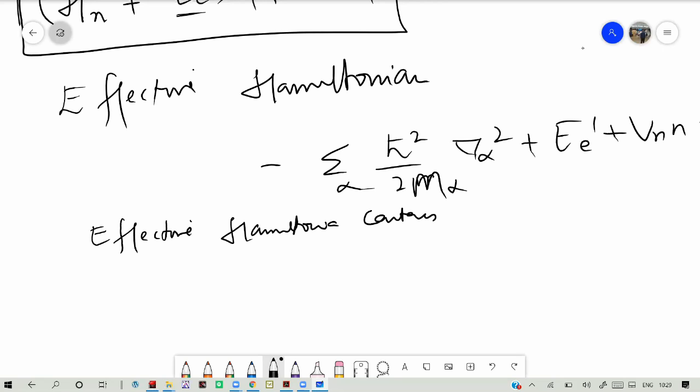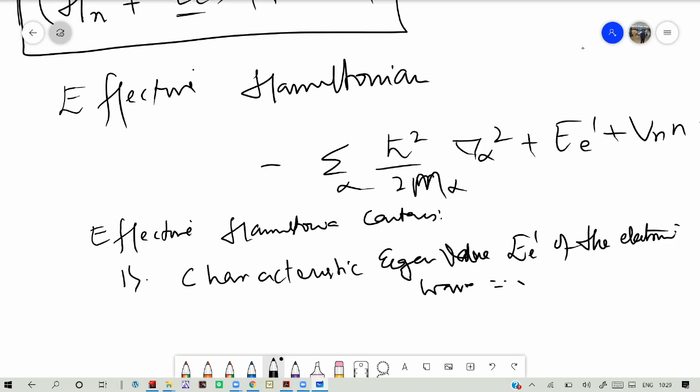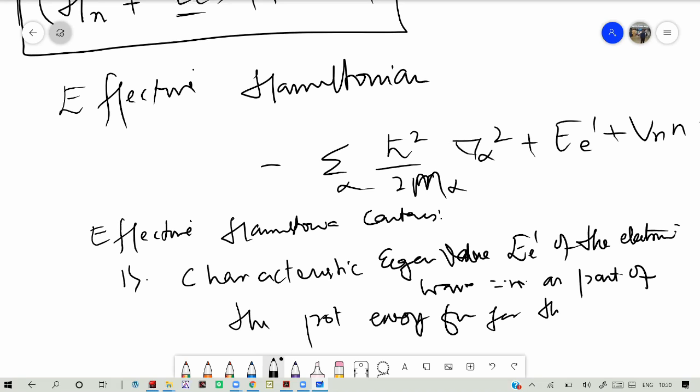Number one, it contains the characteristic eigenvalue, sorry, not eigenfunction, eigenvalue E dash of the electronic wave equation, as part of the potential energy function for the nuclear motion.